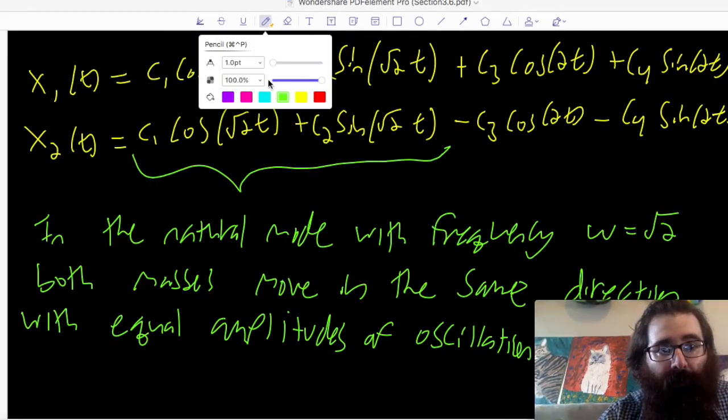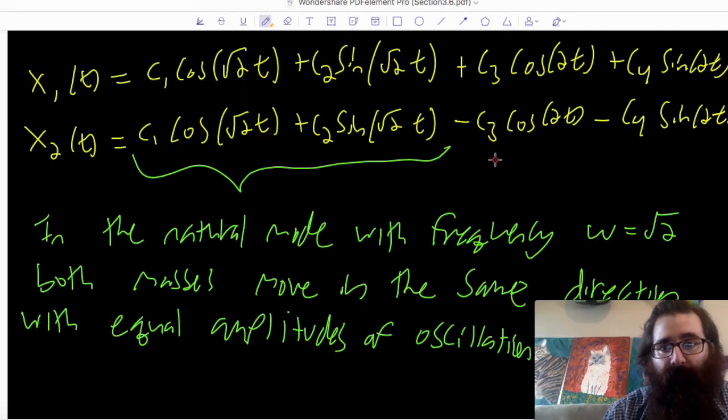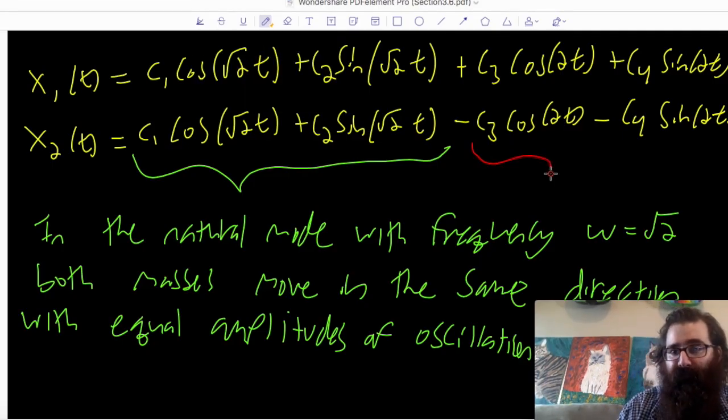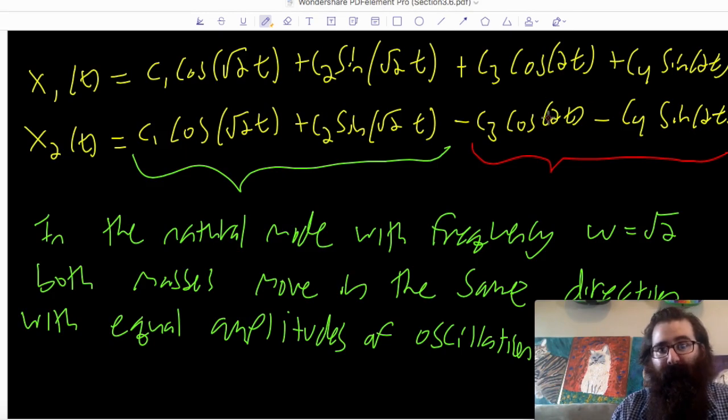Okay, let's take a look at the argument and frequency of 2. 2t is the argument. Let's say, well, I can compare these two across mass 1 and mass 2.